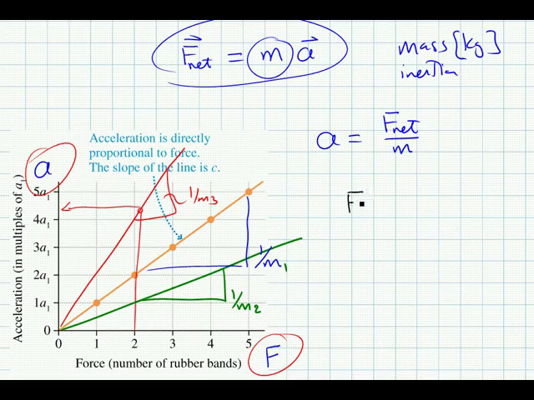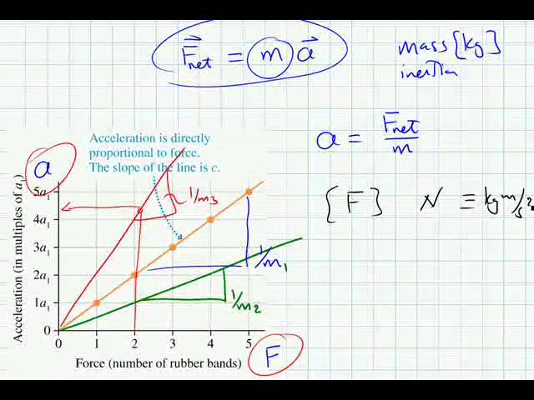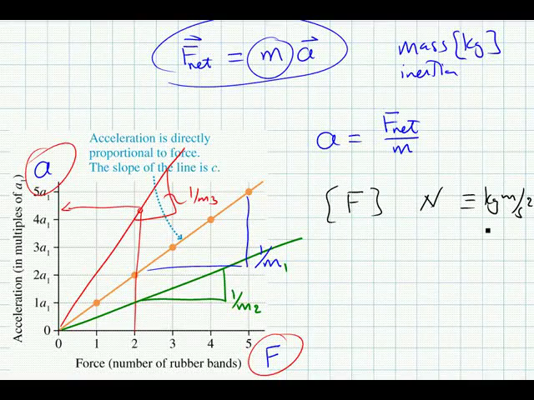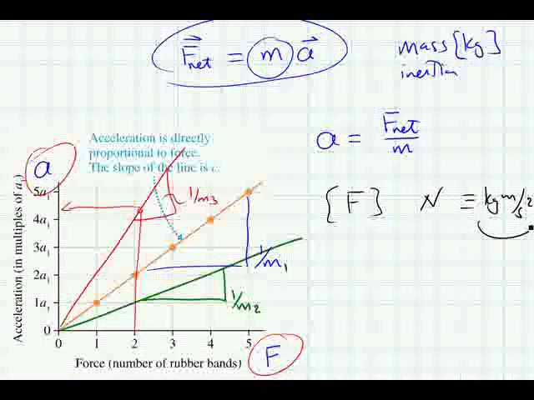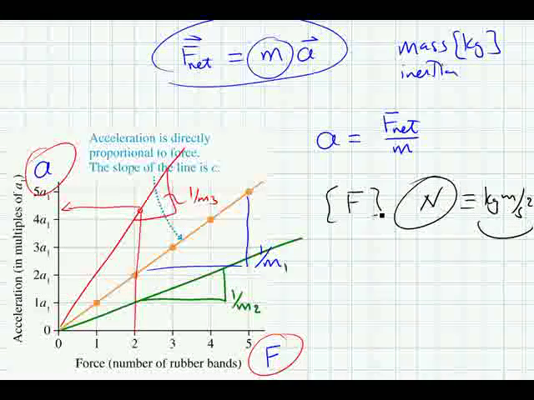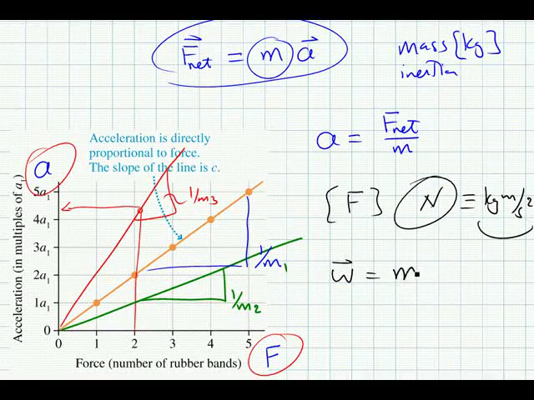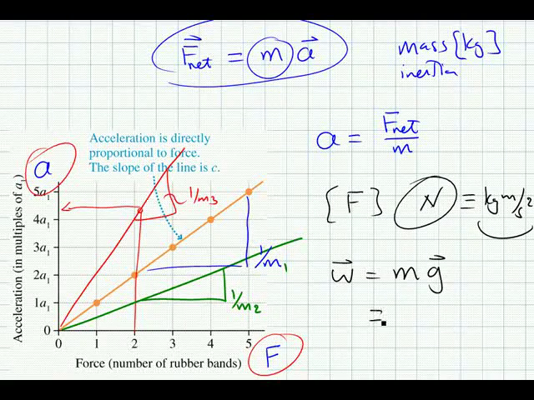The units for force are newtons, which are the same as kilograms meters per second squared. Rather than writing kilograms meters per second squared each time, we go with newtons. The weight, for example, of an object is defined as its mass times acceleration due to gravity, g.